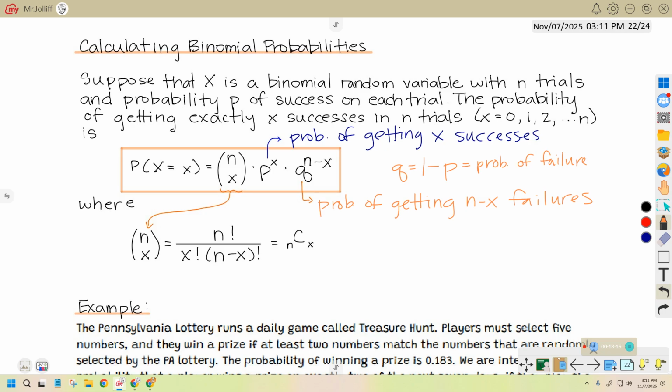And I am going to write that off to the side. Number of ways to get x successes out of n trials.